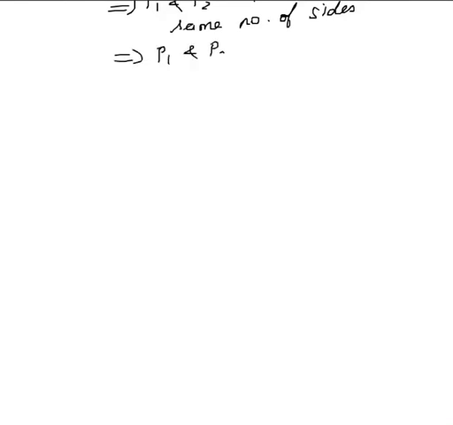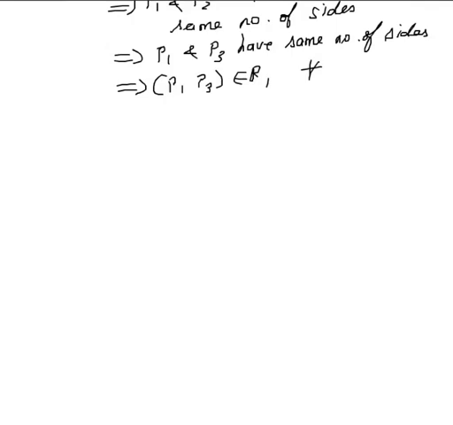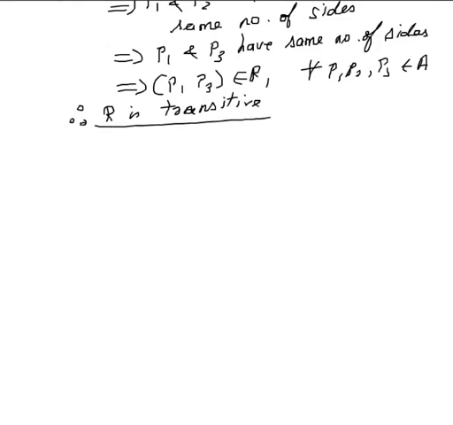That means P1, P3 have the same number of sides, which implies P1, P3 belongs to R, for three elements P1, P2, P3 taken from the set A. Therefore, R is transitive. All three conditions are true, so we conclude that R is an equivalence relation.